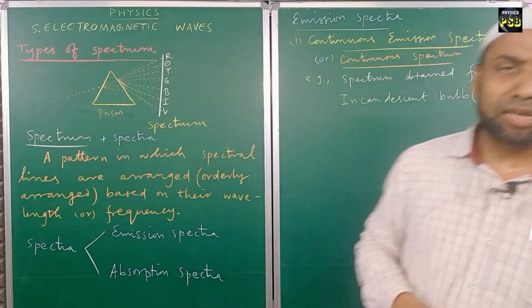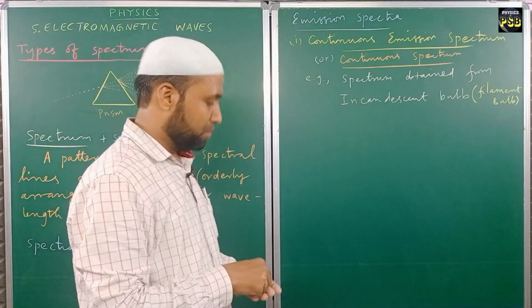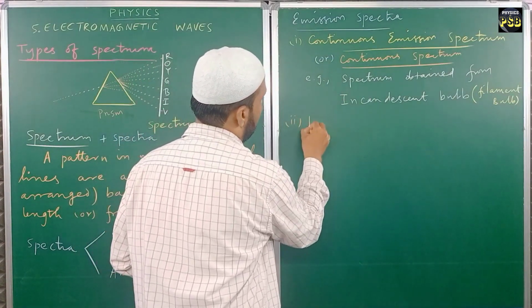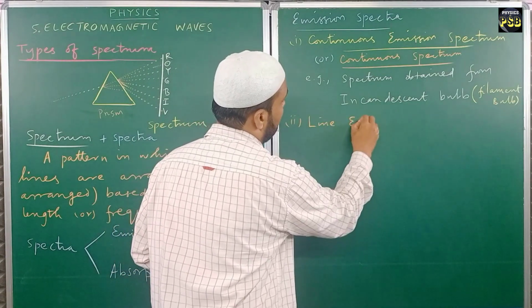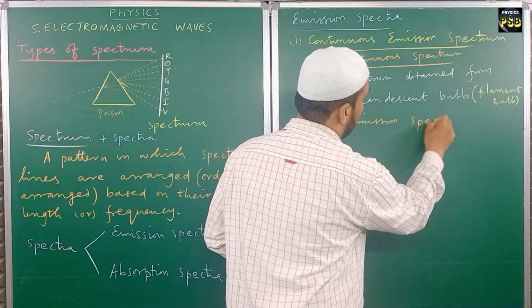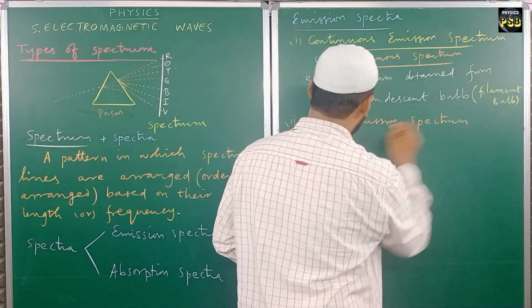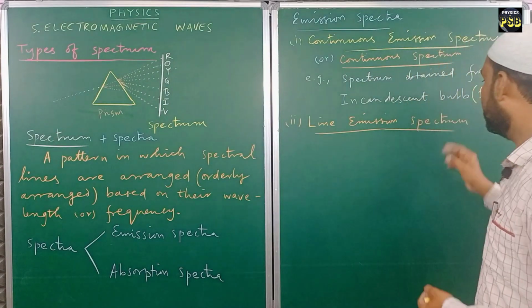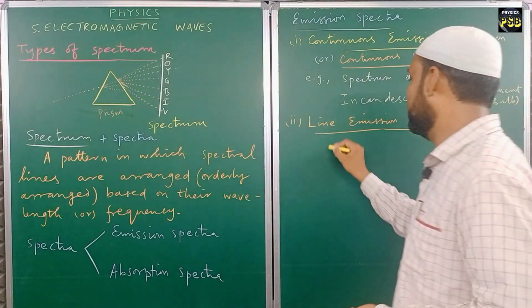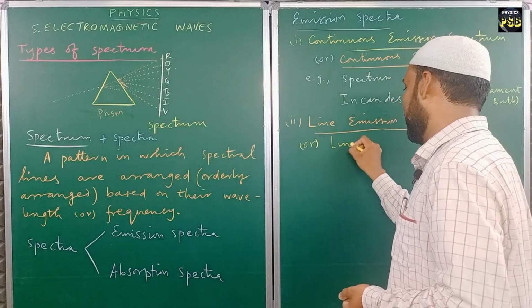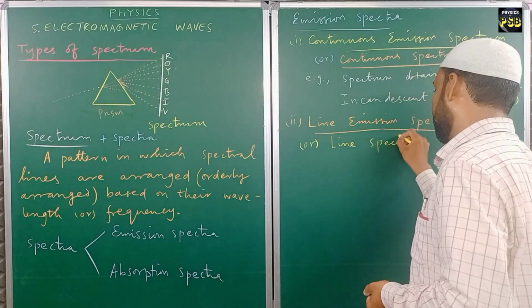Now I'll discuss the second type of emission spectrum, line emission spectrum, which is otherwise named line spectrum.